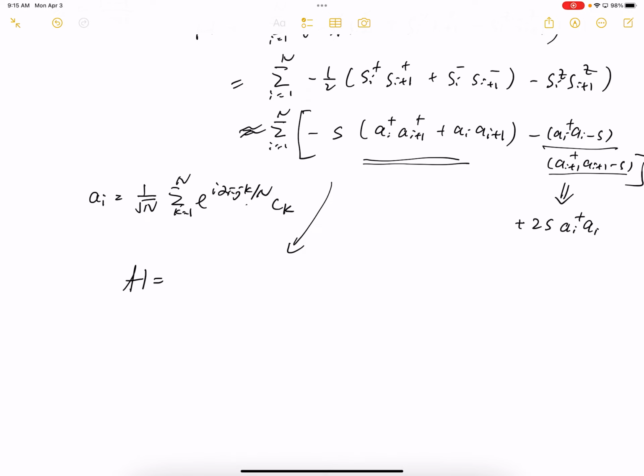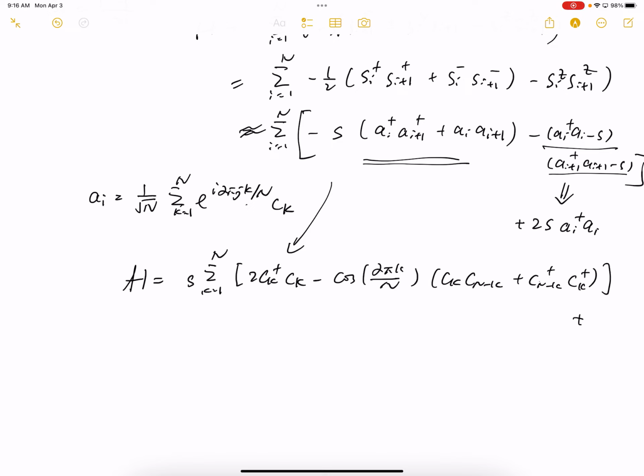After the transformation to the momentum space, it looks like this: 2 times c_k dagger c_k minus cosine(2πk/n), and then you have c_k c_{n-k} plus c_k dagger, the Hermitian conjugate of this, so it's c_{n-k} dagger c_k dagger.